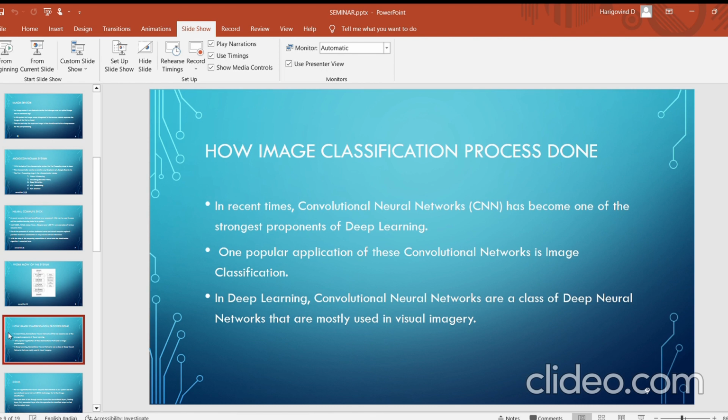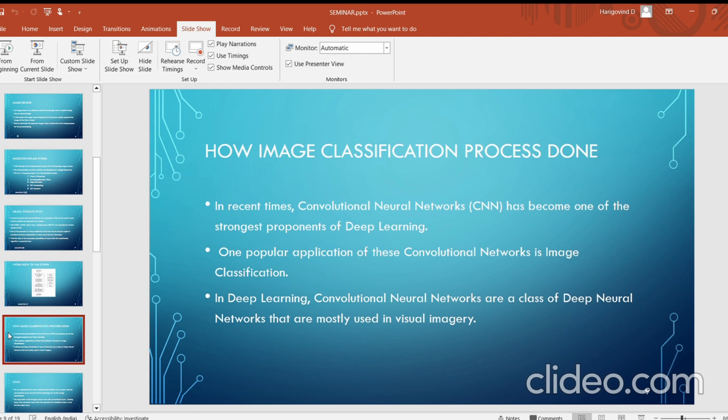The most popular application of convolution networks is image classification.